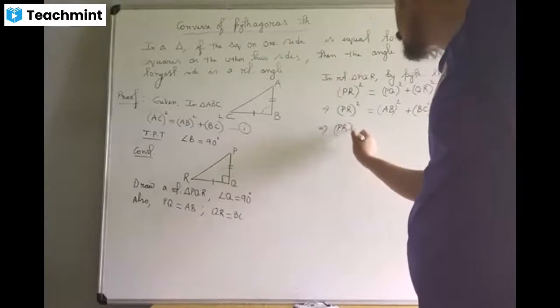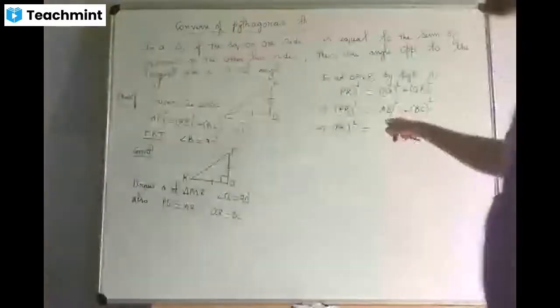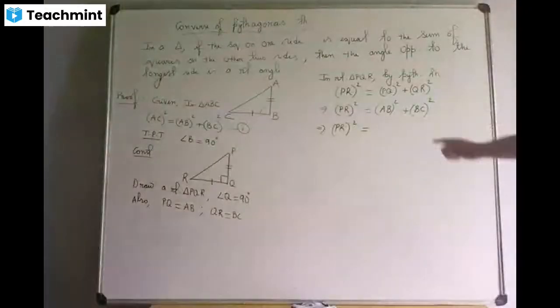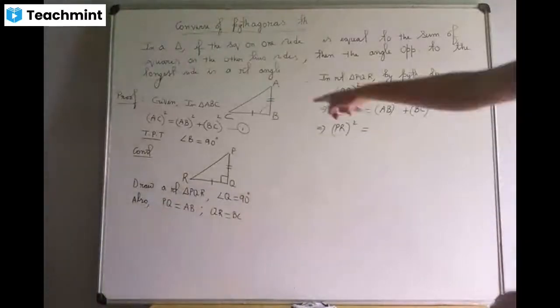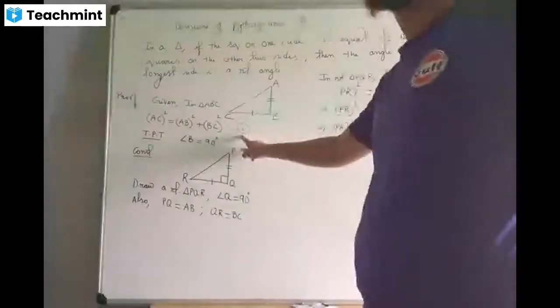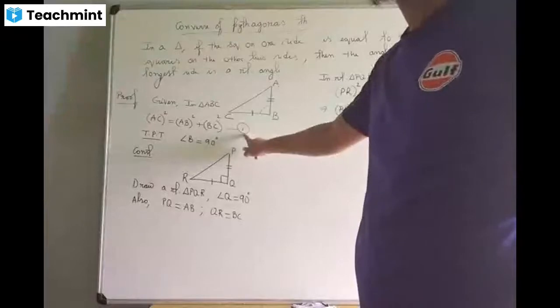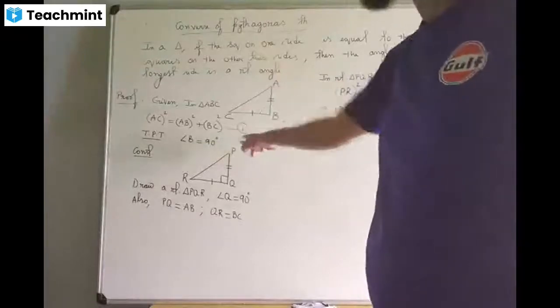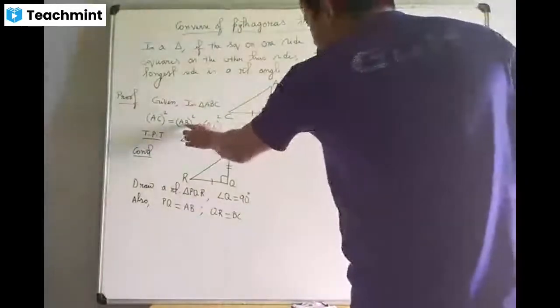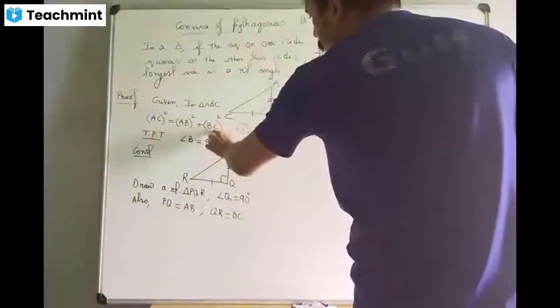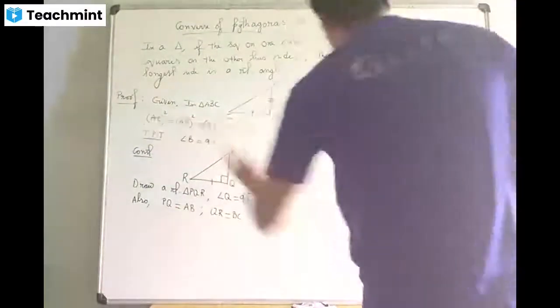Now PR square is equal to, on the right side, AB square plus BC square. Now look at what is given. Look at equation 1. This equation was given in this theorem. What is given? AB square plus BC square gives you AC square.